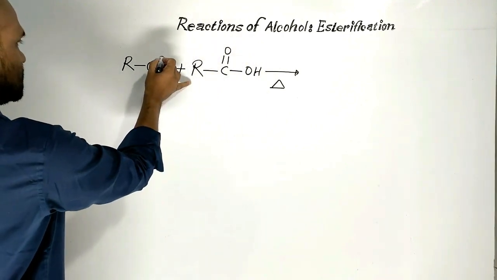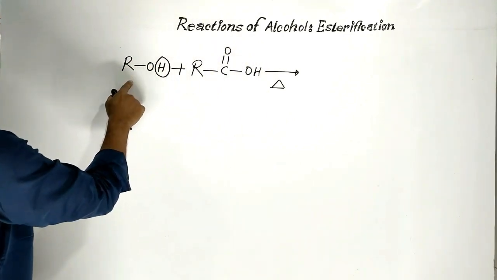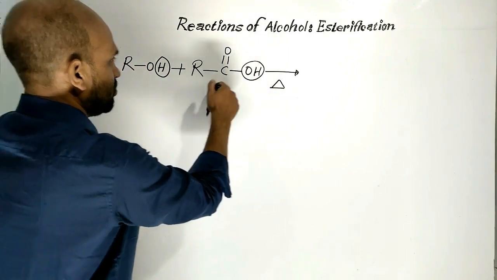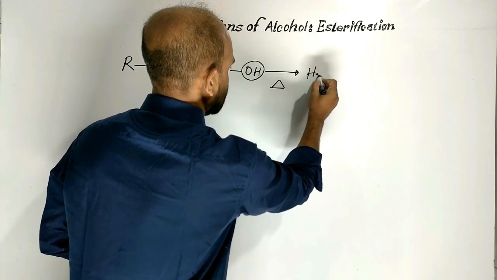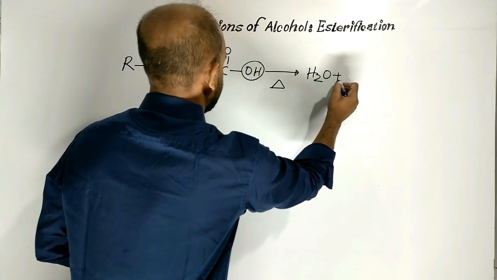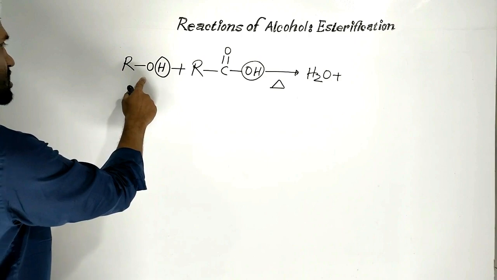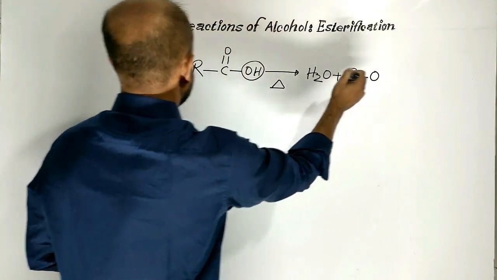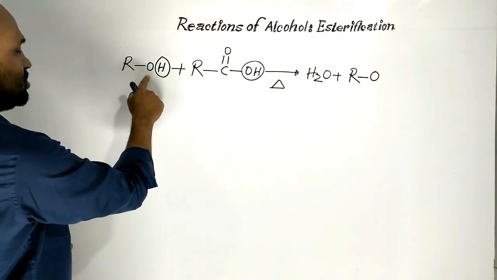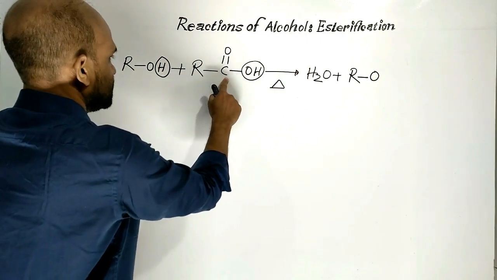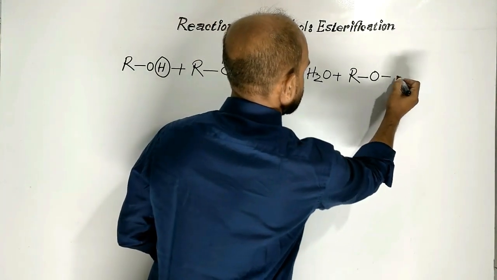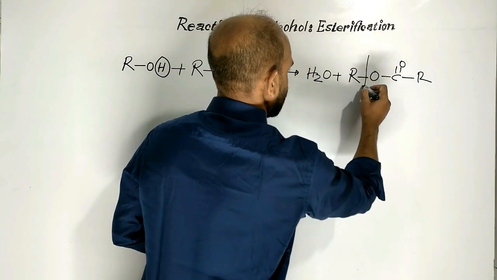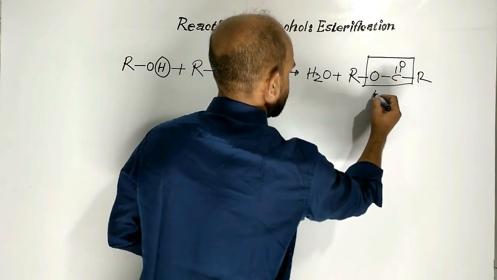Then hydrogen of alcohol and OH of acid form water, and ester is formed. RO, here COR. Functional group of ester.